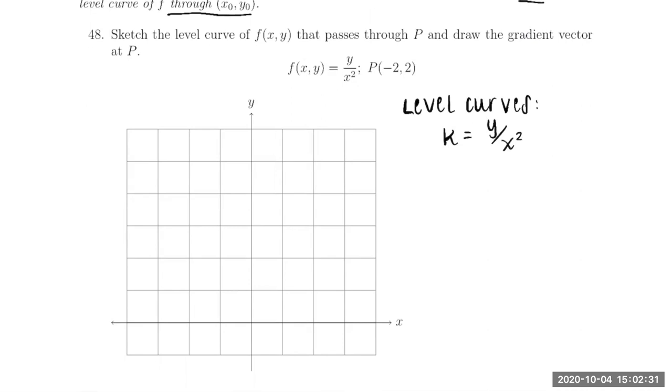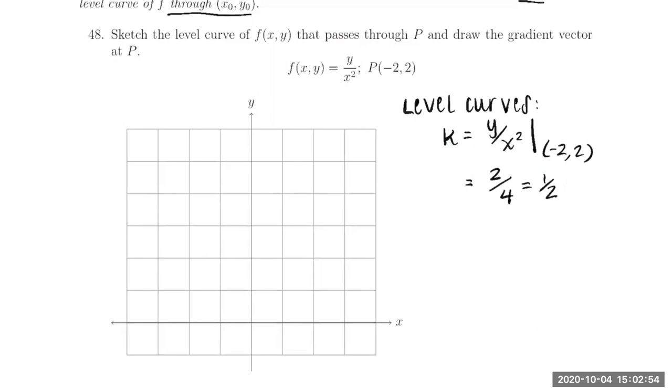All right, so the first question is, what is that constant k that corresponds to the point negative 2, 2? So if I evaluate this at the point negative 2, 2, what I'm getting here is 2 over 4, which is 1/2. So this tells me that I am looking at the level curve for k equals 1/2.